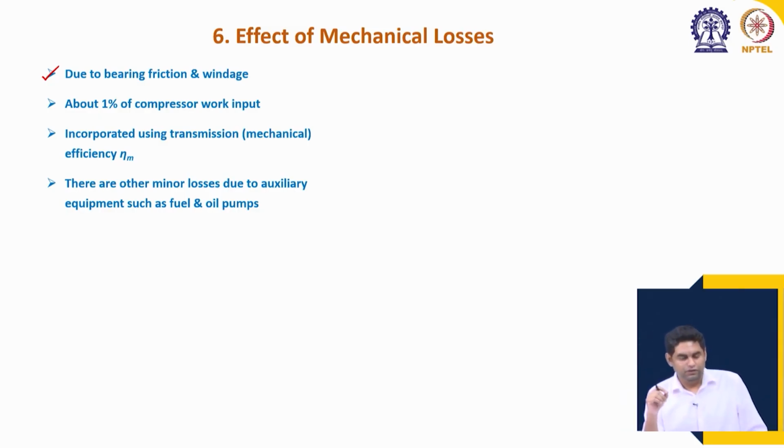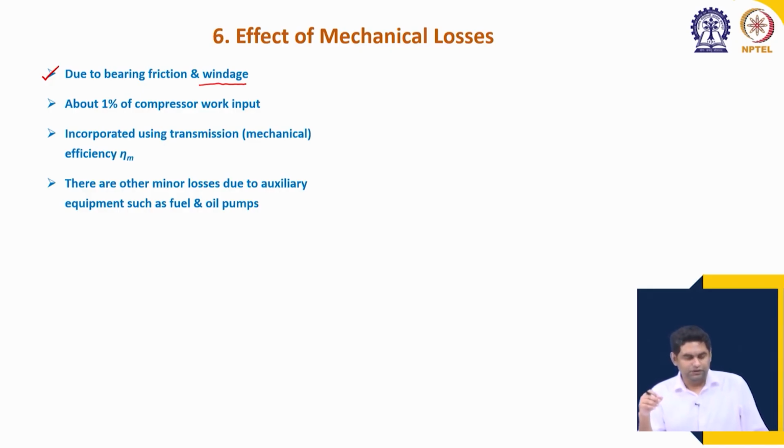That comes under mechanical loss, and then there are also windage losses which occur because of relative motion between the rotating parts and the static parts in the presence of air or gases. When air or gas is there and one part is rotating at high speed while the other part is fixed, that creates a drag and creates a frictional loss.